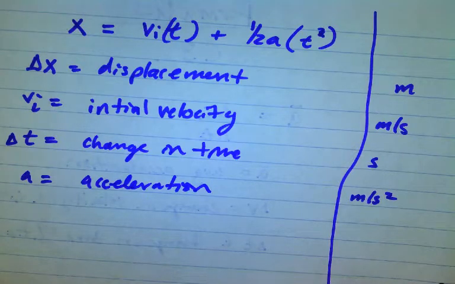You want to find t, and t's in two different spots, and one of them's squared. What are you going to use? Yes, you're going to use the quadratic formula. Do you remember the quadratic formula? You're going to use it a lot in these types of problems.